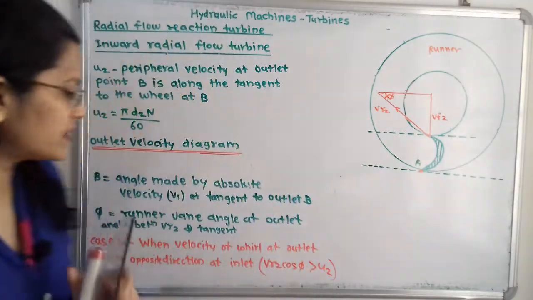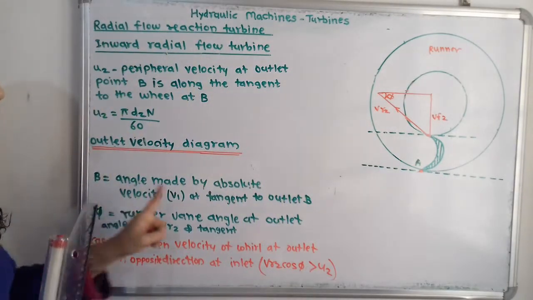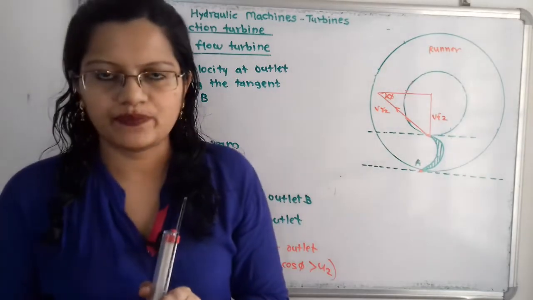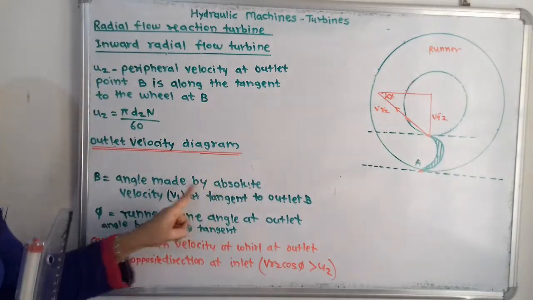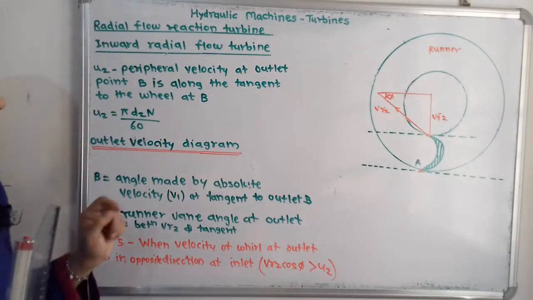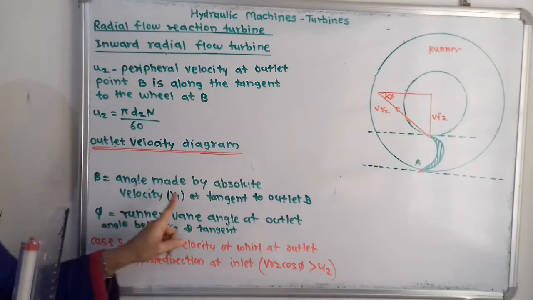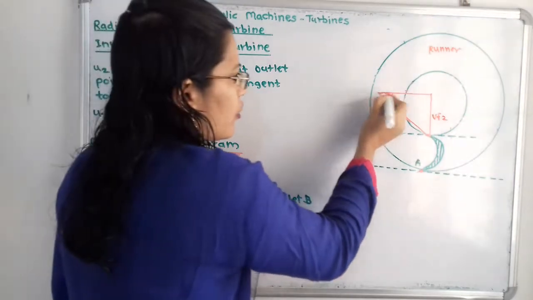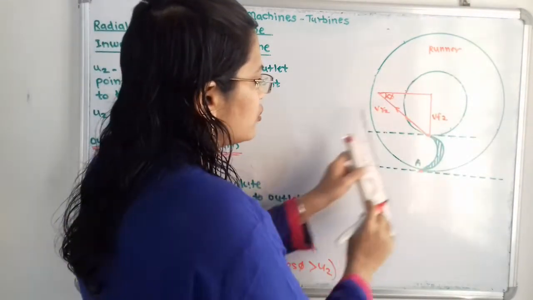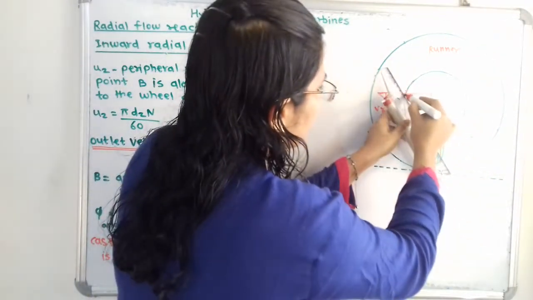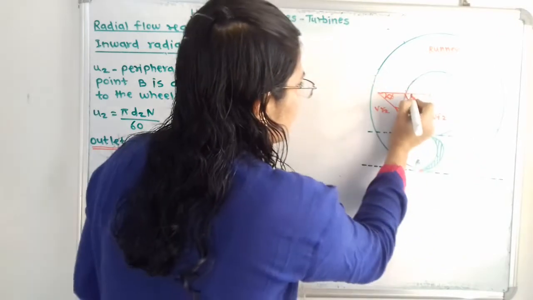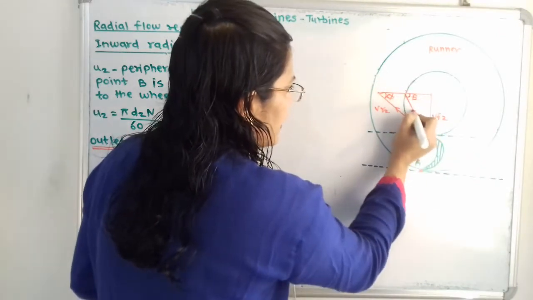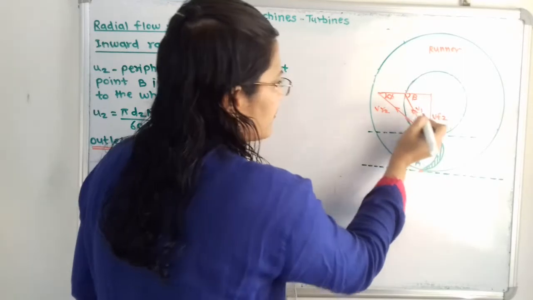So how to show V2? With the help of angle beta, we show the absolute velocity. What is the angle beta? It is the angle made by the absolute velocity with the tangent at the outlet. So this is the line along the tangent. If I show V2 with this angle beta, here is the angle beta and this is the absolute velocity V2.